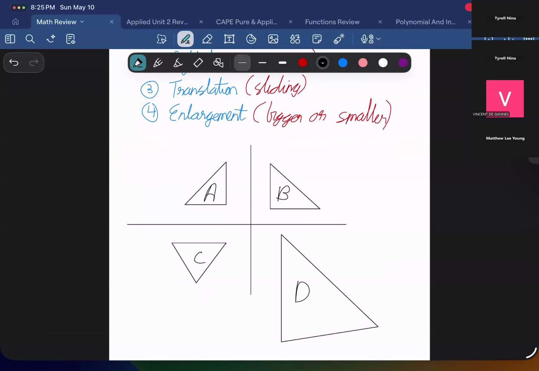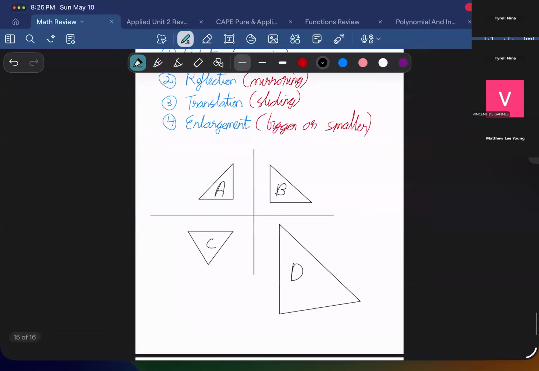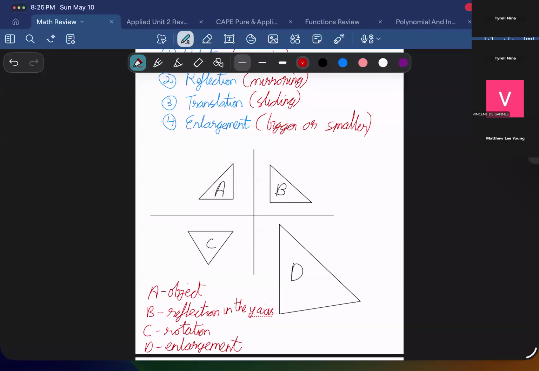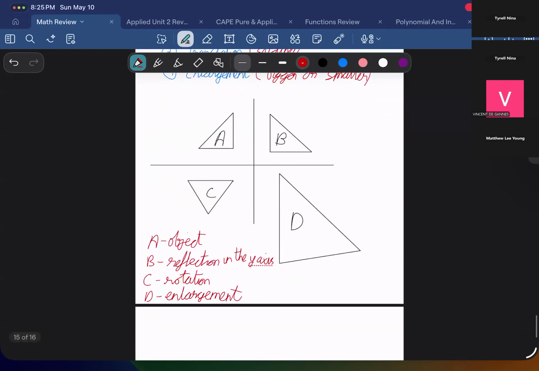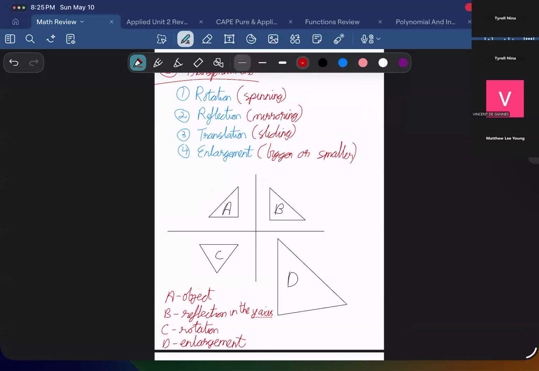Then we have D, all right? So let's say A is the object, B is a reflection in the y-axis, C is a rotation, D is an enlargement, right? So those are the four main ones you could get. Rotation, reflection, translation, enlargement.